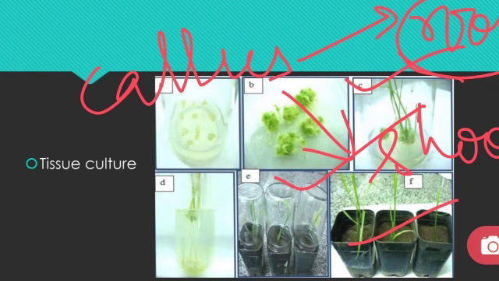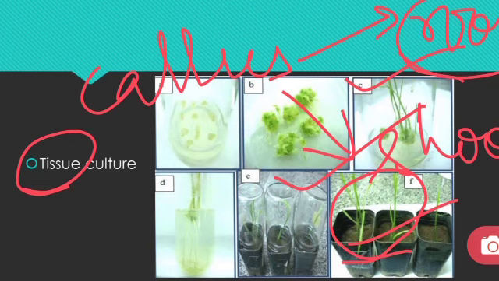When the plant is ready to produce its own food and to grow independently, then we can transfer these plants from the nursery to the soil, to the field. And then we can see that from a simple tissue we can grow many plants.